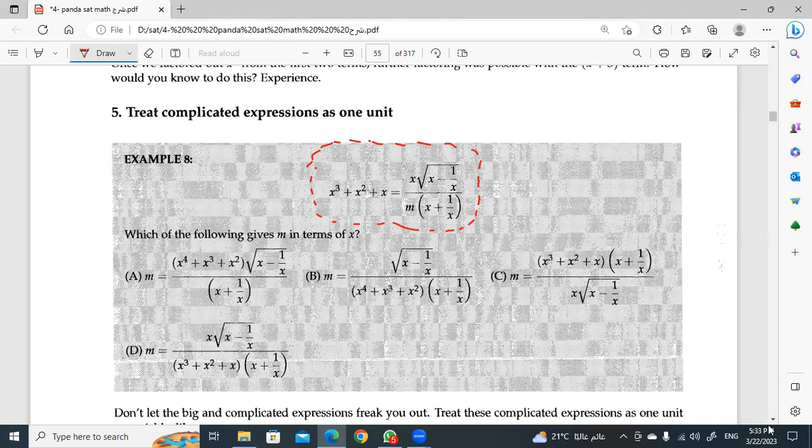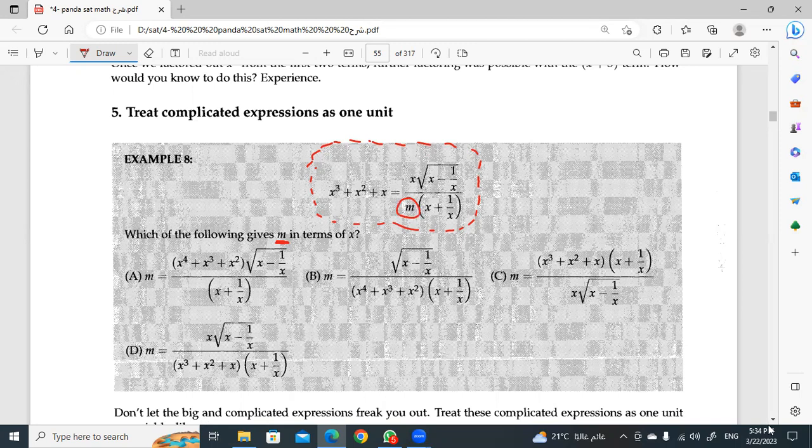Which of the following gives M in terms of x? I need only M to be isolated. Where is the M? The only M is here, and it is multiplying, right? I have the right to move it to the other side.